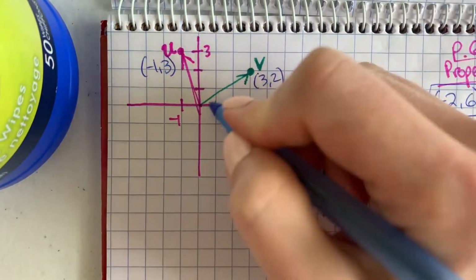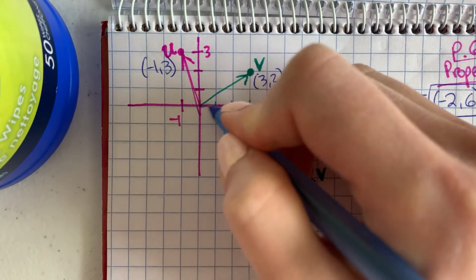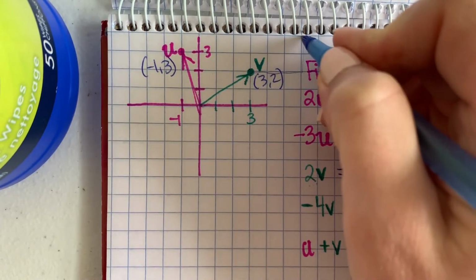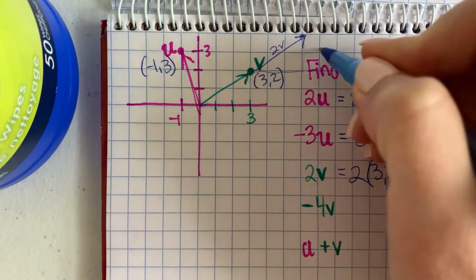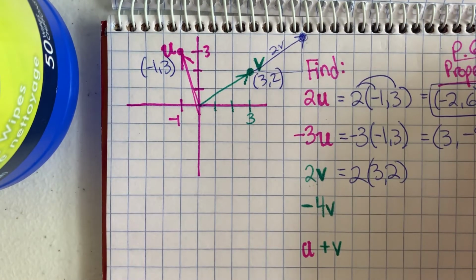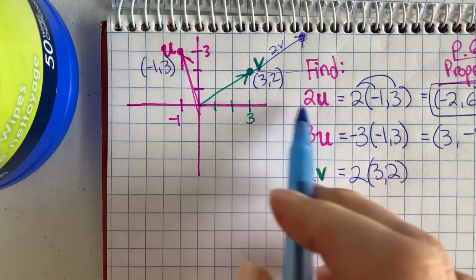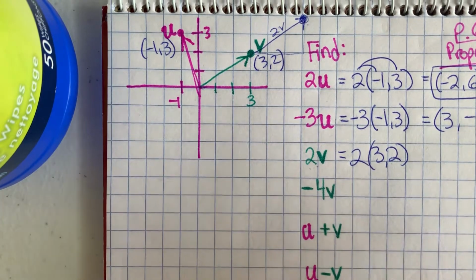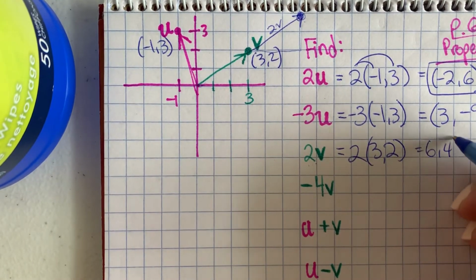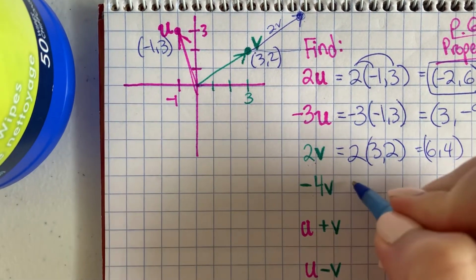This is like taking v out another one, it was over 3, up 2. This would be 2v, would end you up at that point right there. Same with the 2u. 2u, we'd be doubling it out in that direction. So 6, 4. We've got a negative 4v.